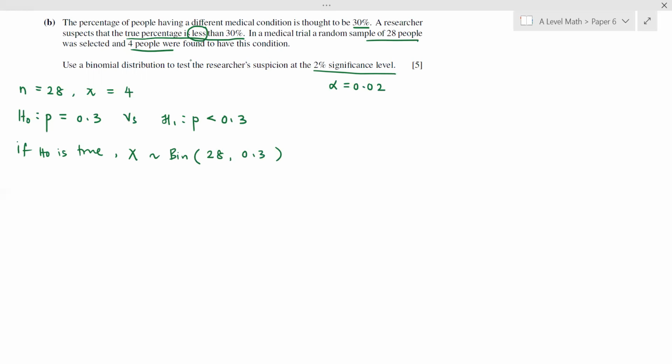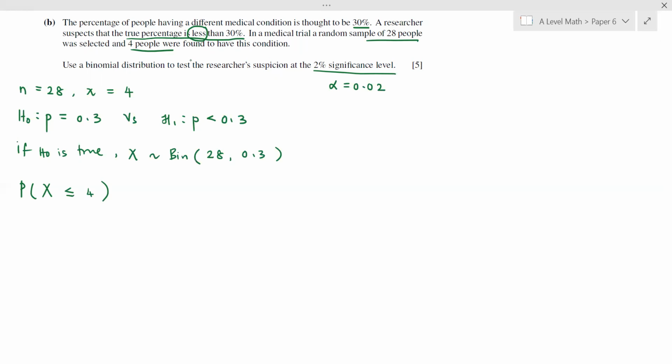We are going to use this established binomial distribution to find the tail probability, for X equals 4, which is what we found. We need to find the probability that X is less than or equal to 4, and then compare this against alpha, which is 0.02.